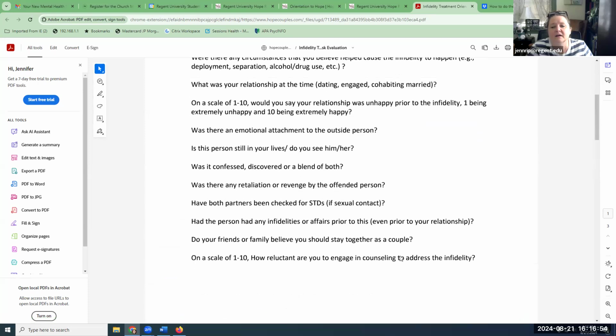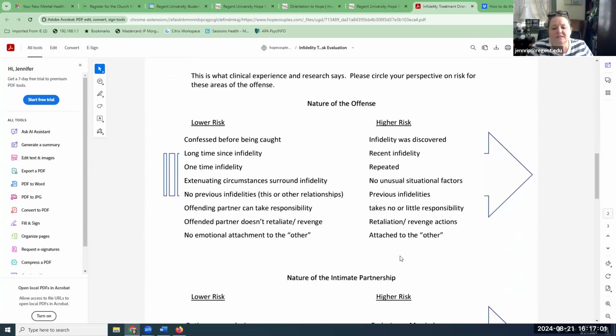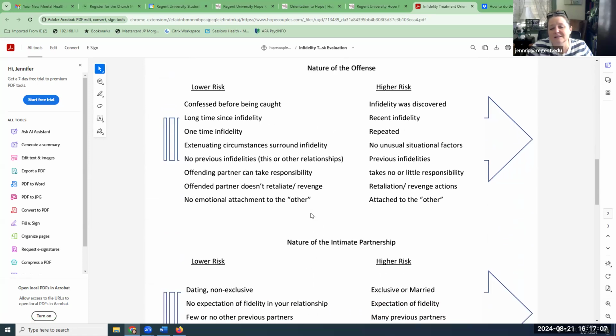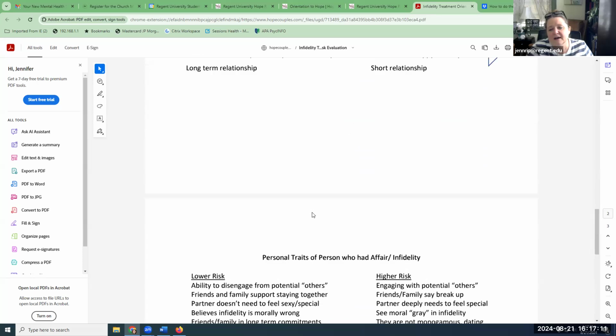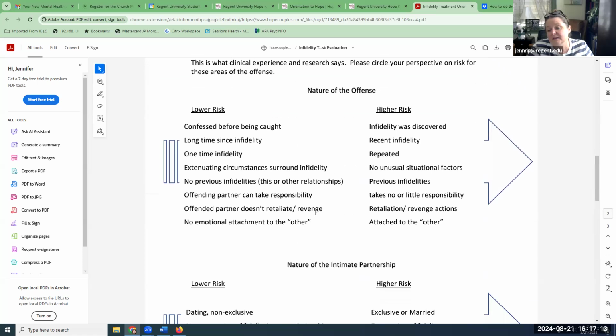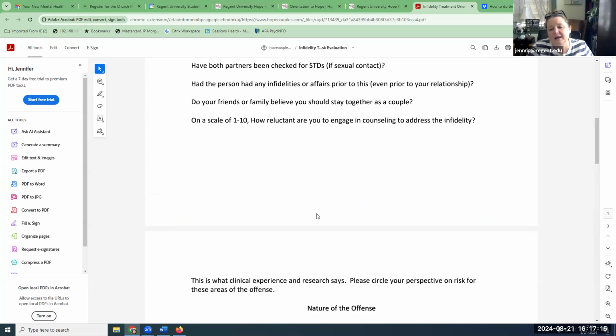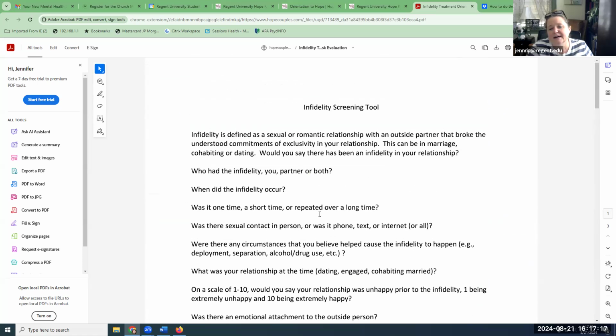This would be a set of questions to do for infidelity in the individual time, so you get a full sense of what's happening. And then this is what clinical experience and research says in terms of lower and higher risk, some personality traits, things like that. You can give this as a handout to the client and have them fill it out, or you can do it as an interview and talk it through with them.